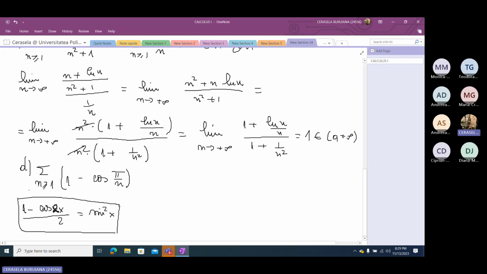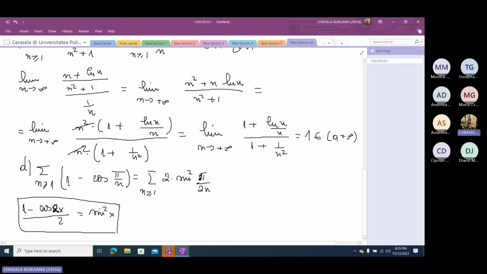Okay, so I have this trigonometric equality. Now, by using this, I get that the general term of the series will be 2 times sine squared of pi over 2n.